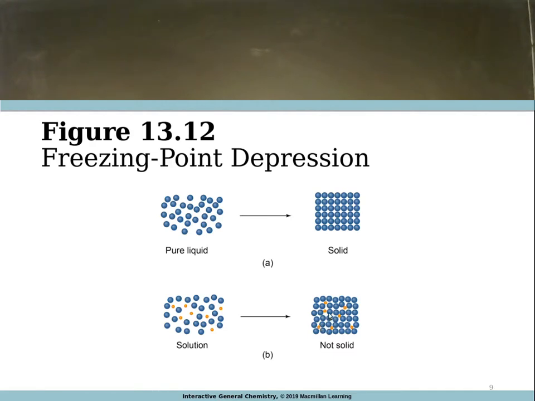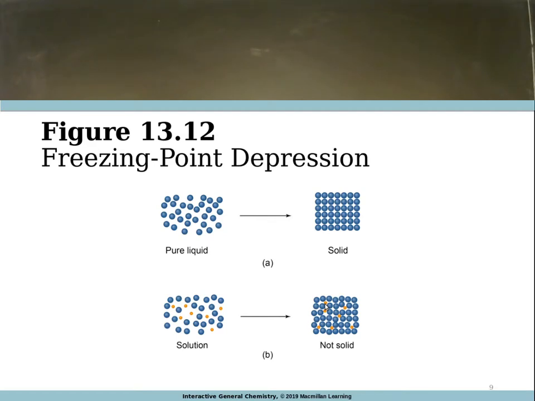And the fact that they're being pushed out of the way means they're not able to form proper hydrogen bonds in the case of water, or just they aren't able to form whatever proper intermolecular forces the solvent happens to exhibit. And so the consequence is that it isn't actually solid yet. You're going to have to lower the temperature even more in order to get the solution to actually freeze.